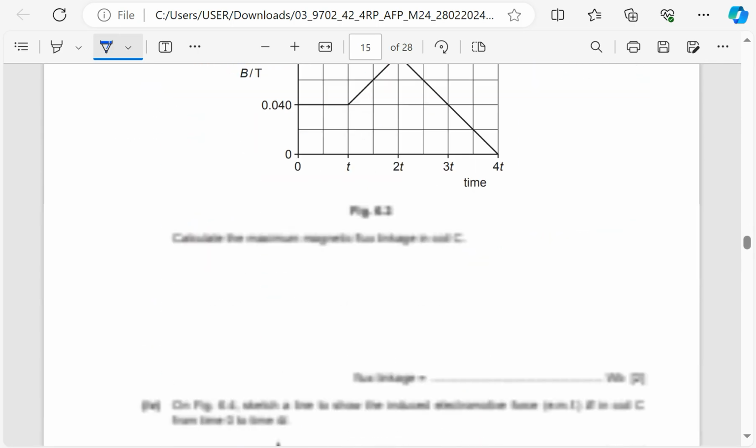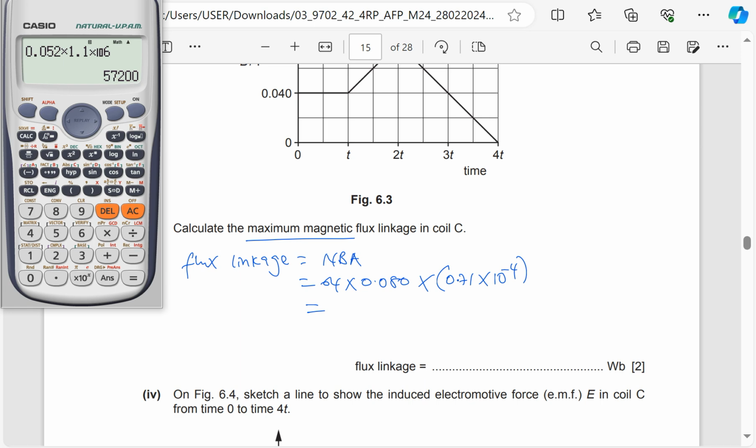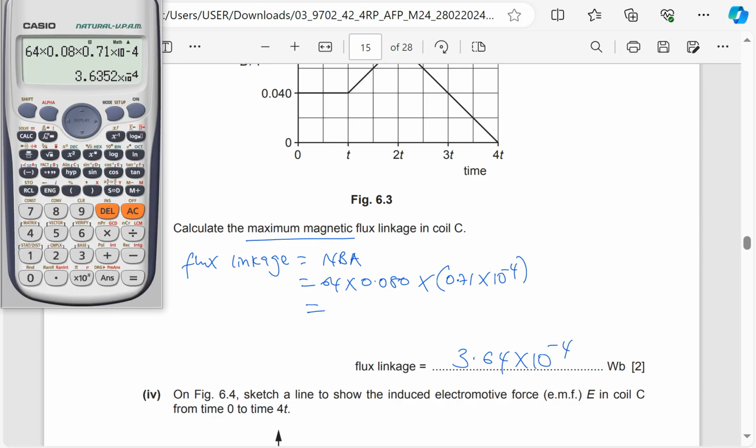I have to change it to meters squared, so I multiply by 10 to the power of -4. So I'll press my calculator: 64 times 0.08 times 0.71 exponent -4. This is 3.64 times 10 to the power of -4. Yes.